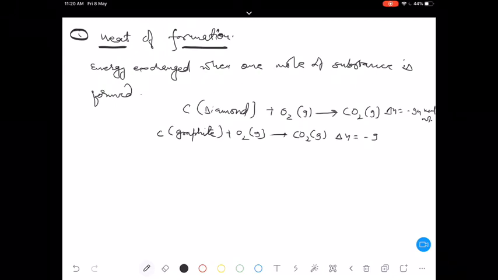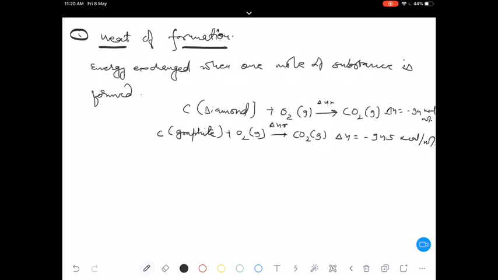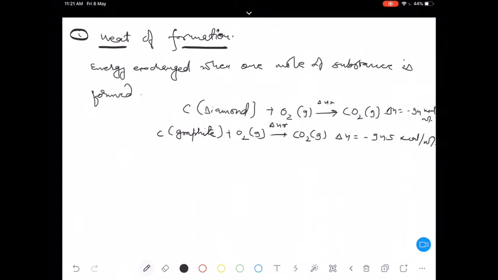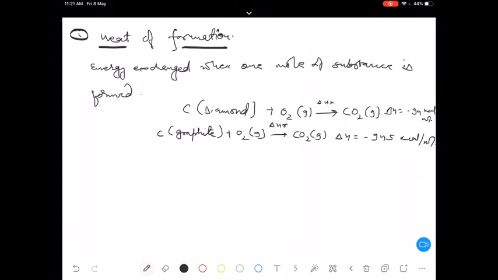Delta H we can write as minus 94.5 kilocalorie per mole. Is that correct? So the heat of reaction, delta HR here and delta HR here, these are two different values, correct? So heat of reaction could be different. At the same time, heat of formation of carbon dioxide could be different.